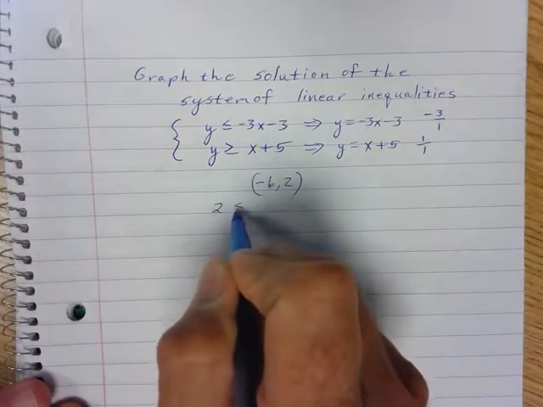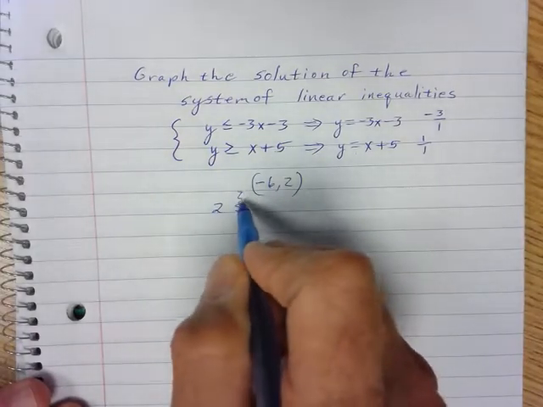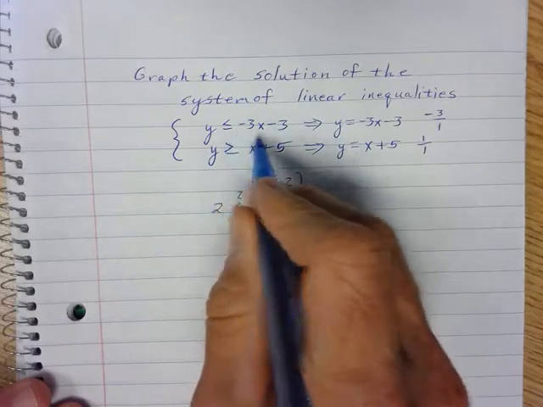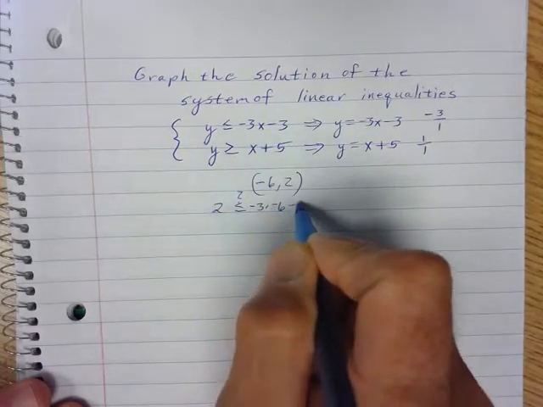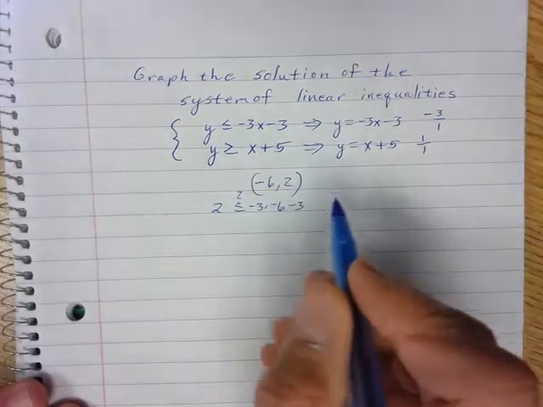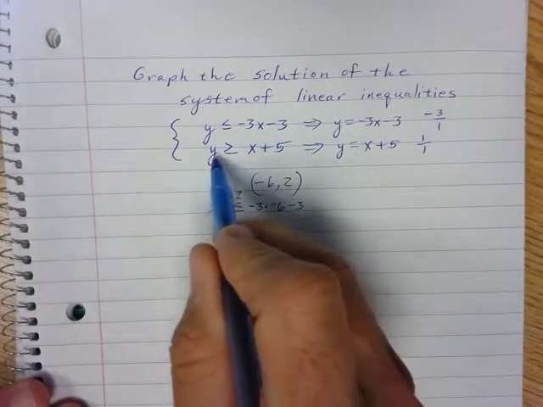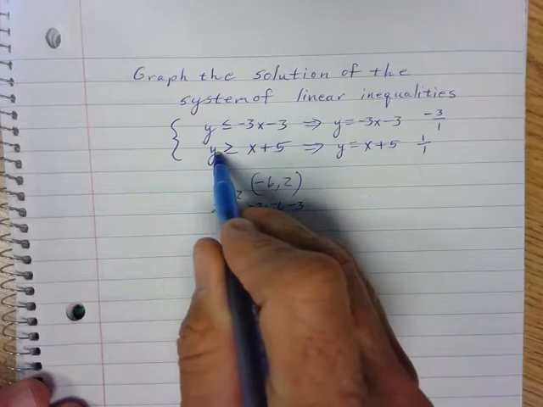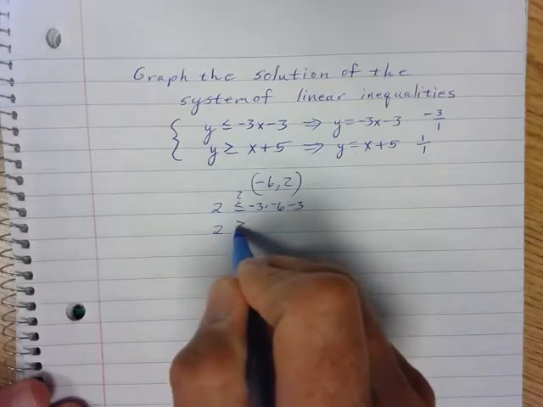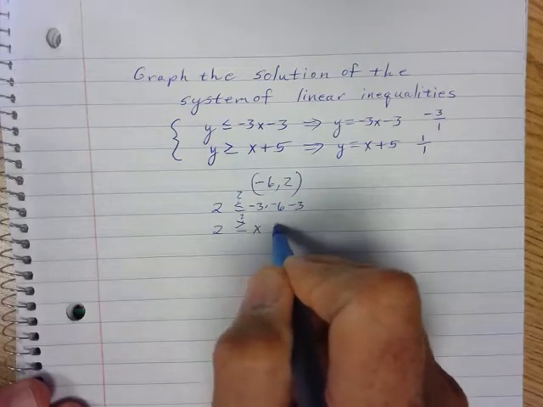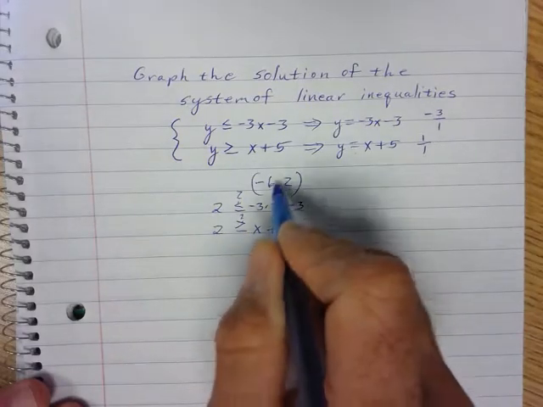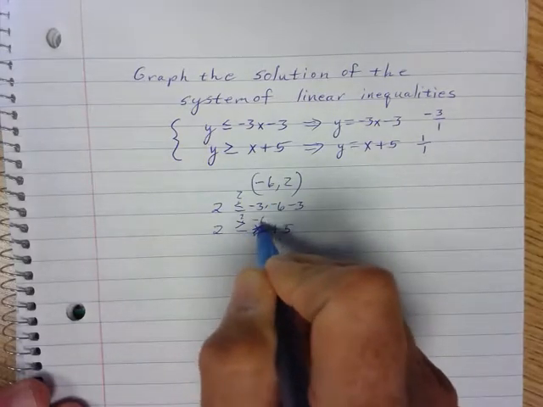So the question is, is this true? 2 is less than or equal to negative 3 times the x value of negative 6 minus 3. And is it true that y of 2 is greater than or equal to x plus 5? And the negative 6 goes in here.